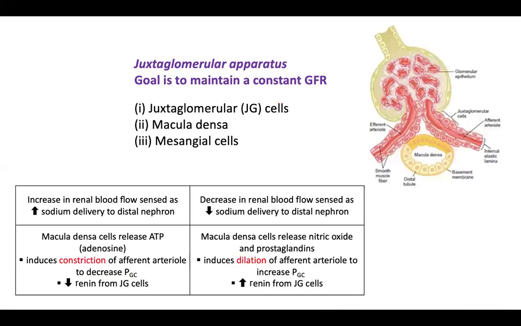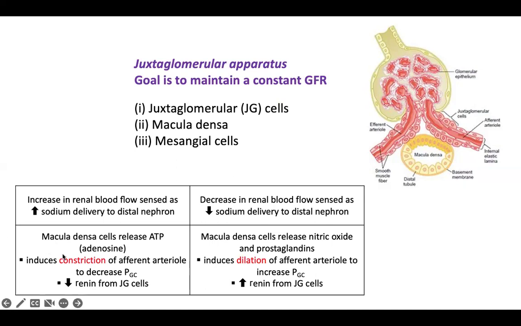So the goal of the JG apparatus, of course, is to maintain constant glomerular filtration rate. So in these two scenarios, if there's an increased renal blood flow, and again, we don't want to overload pressure on the glomerular capillaries by having too high a blood flow going through, but when there's increased renal blood flow, there's going to be increased sodium delivery to the distal nephron.